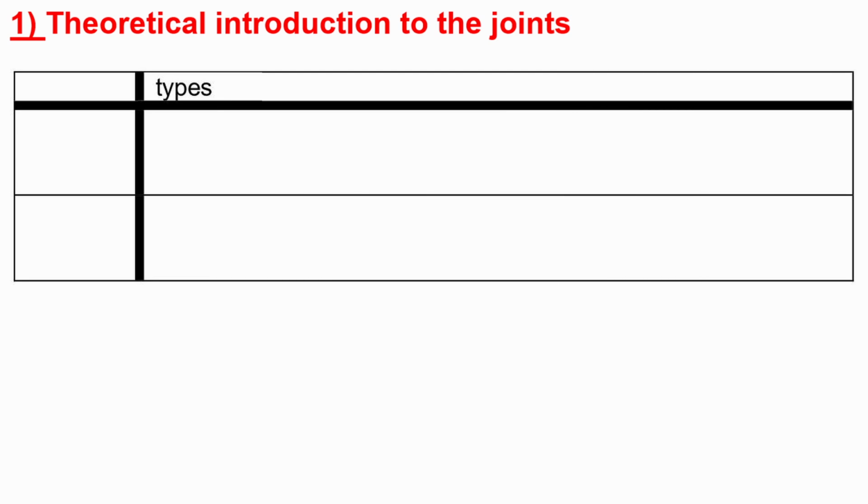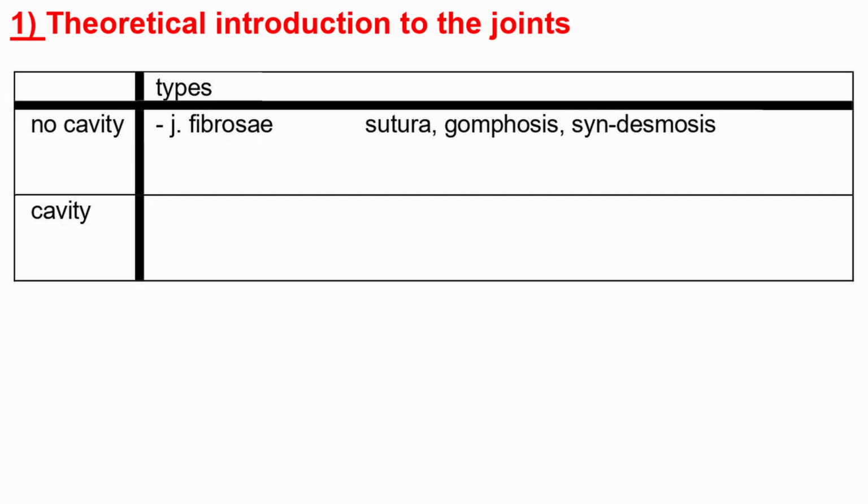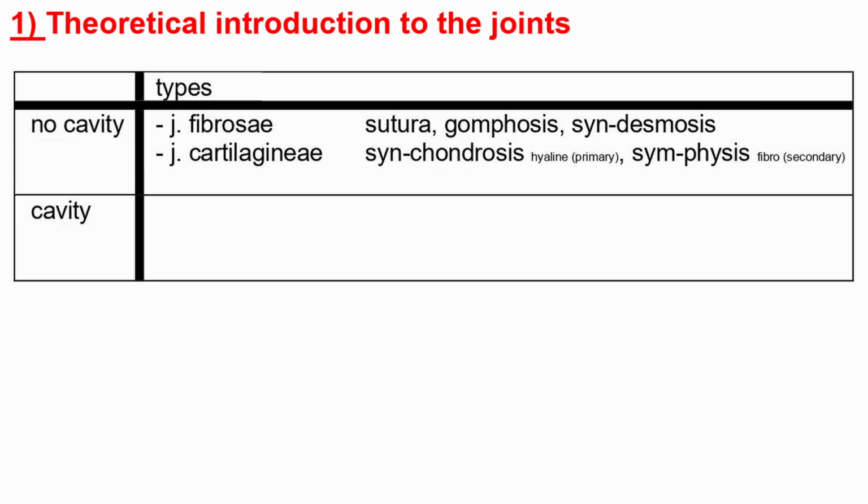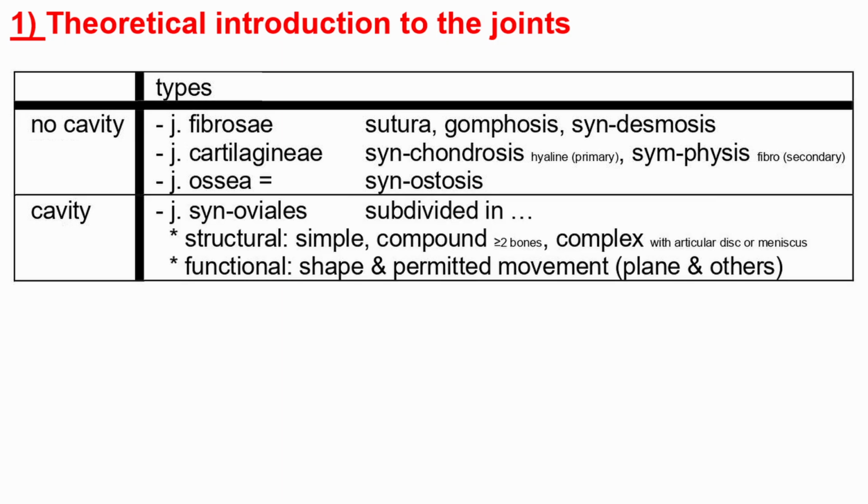So let's do a quick summary of the joint classification. The joints are roughly divided into joints without a cavity and joints with a cavity. Then, classified by structure, there are fibrous joints with the subtypes sutures, gomphosis, and syndesmosis, cartilage joints with the subtypes synchondrosis, made of hyaline cartilage, and symphysis, made of fibrocartilage, bony joints, which is a synonym for synostosis, and synovial joints, which can also be subdivided.